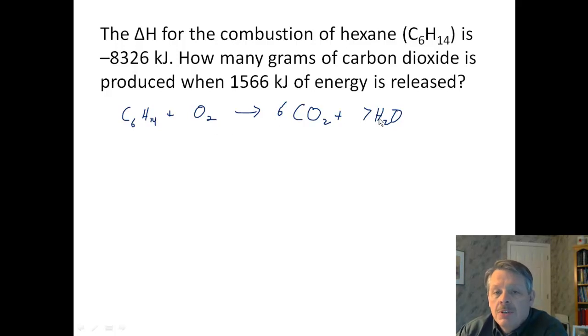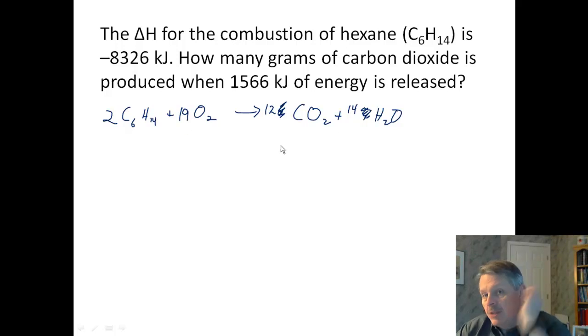Well, that gives me 6 O2s, and that gives me, oh gosh, 3.5 O2s. I've got a problem, so I'm going to go back and multiply everything by 2. That gives me 12 carbon dioxides and 14 waters, and that means I've got 12 O2s here and 7 O2s here, a total of 19 O2s there.